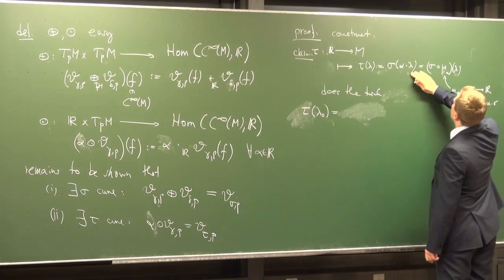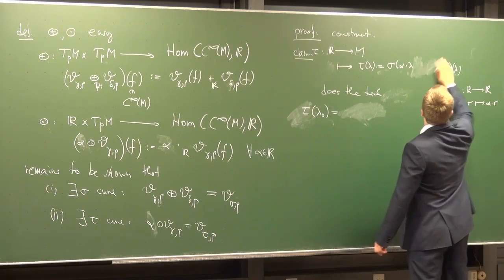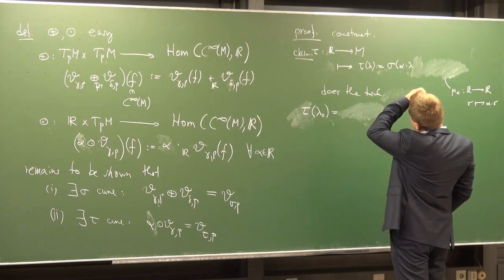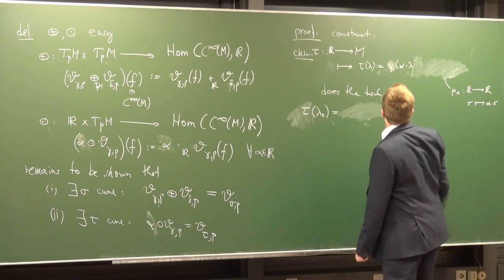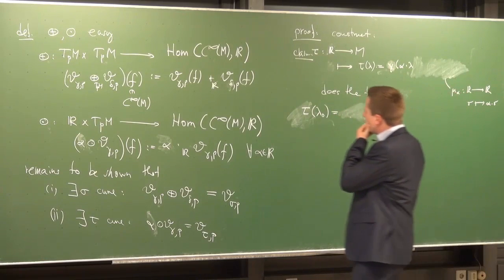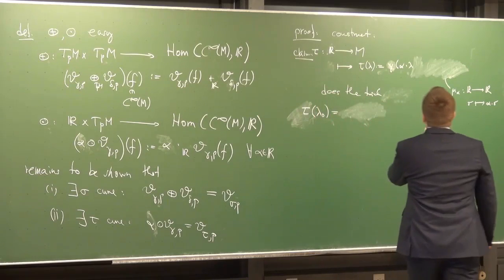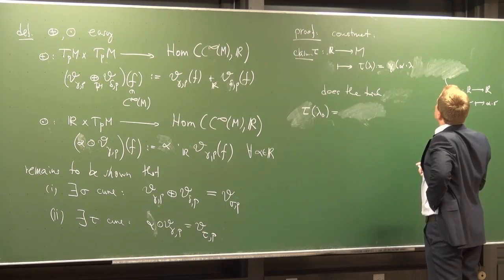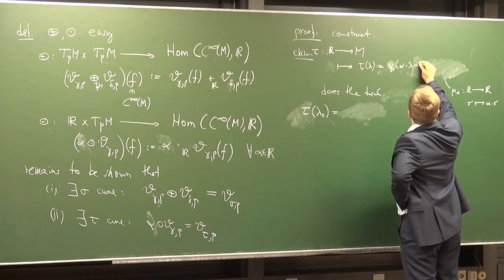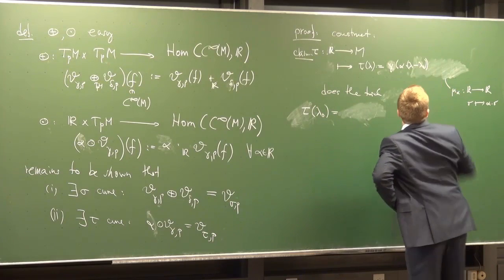The curve gamma went through the point P at parameter value lambda 0. So I take lambda minus lambda 0 at this point.